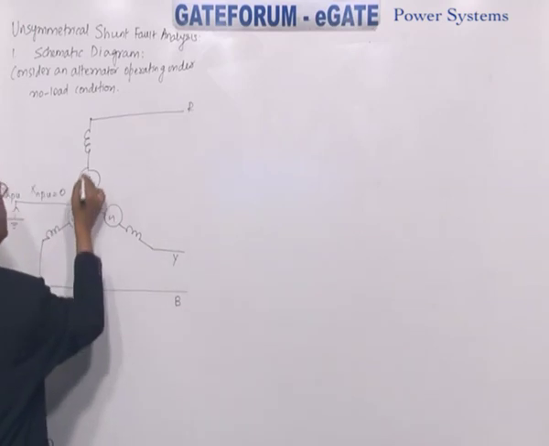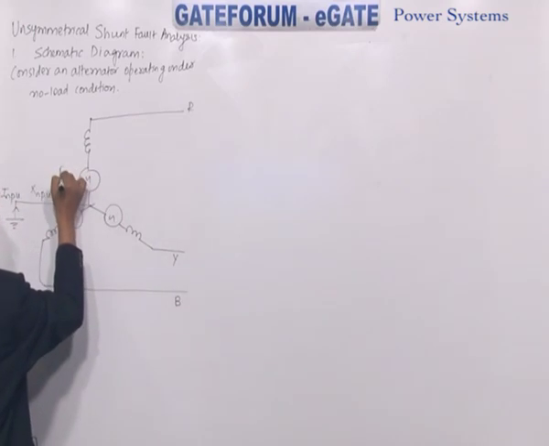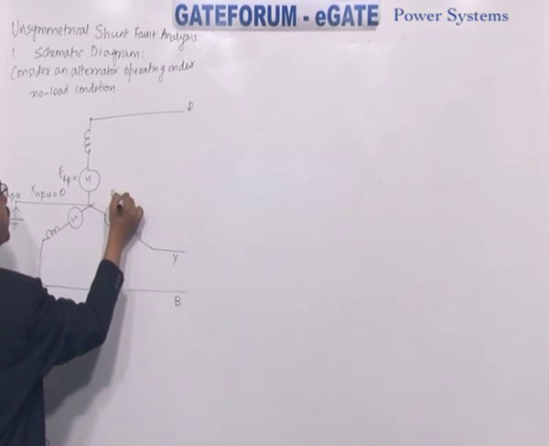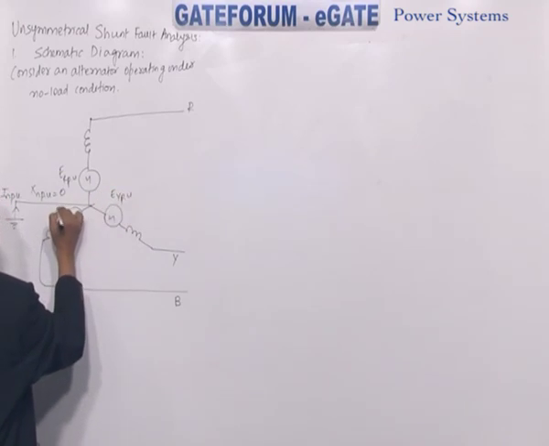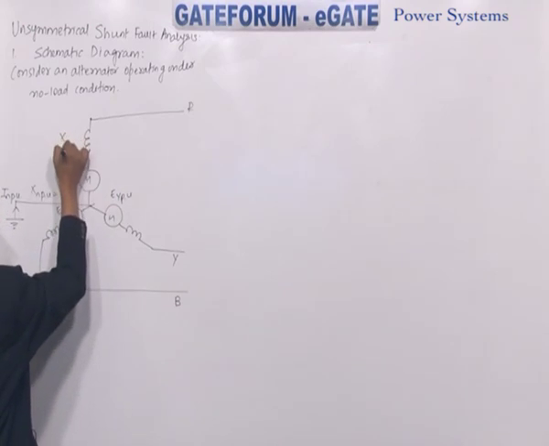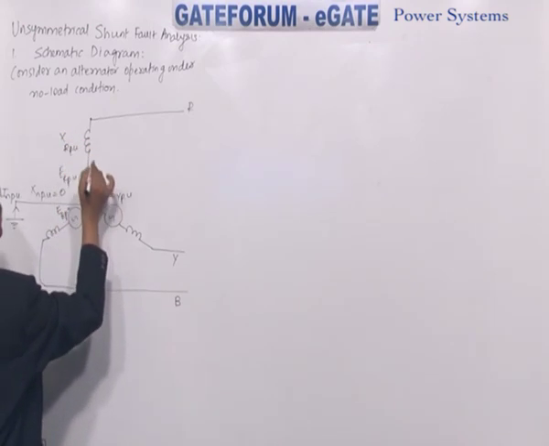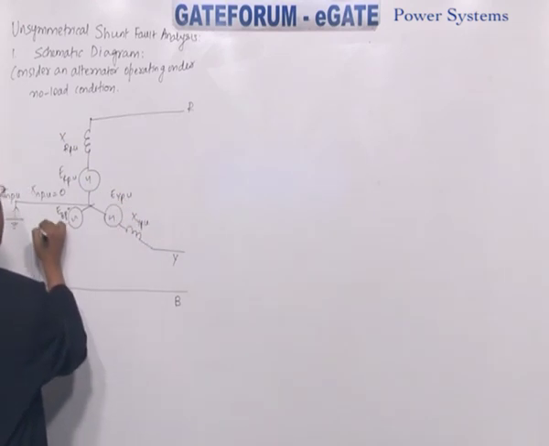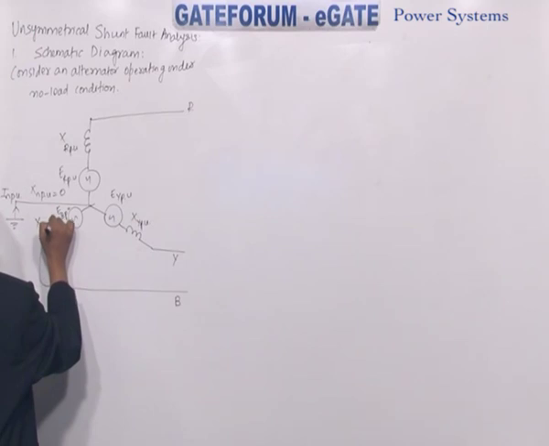Now before the occurrence of the fault, we write ER per unit, EY per unit, EB per unit. After occurrence, we check further. Reactance XR per unit, XY per unit, XB per unit.